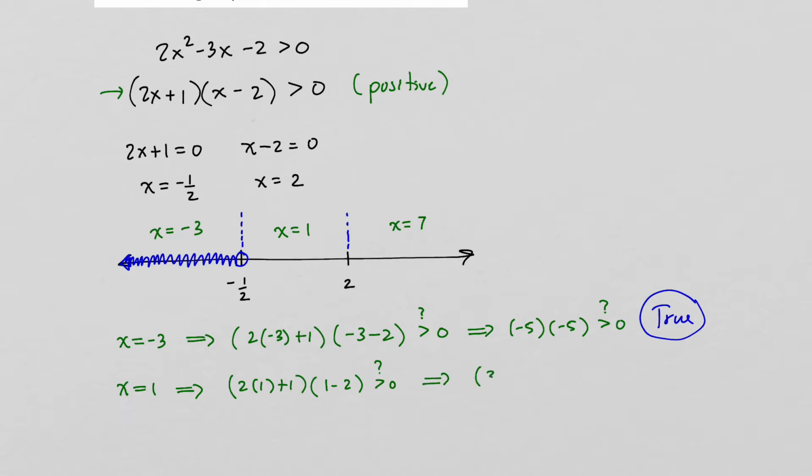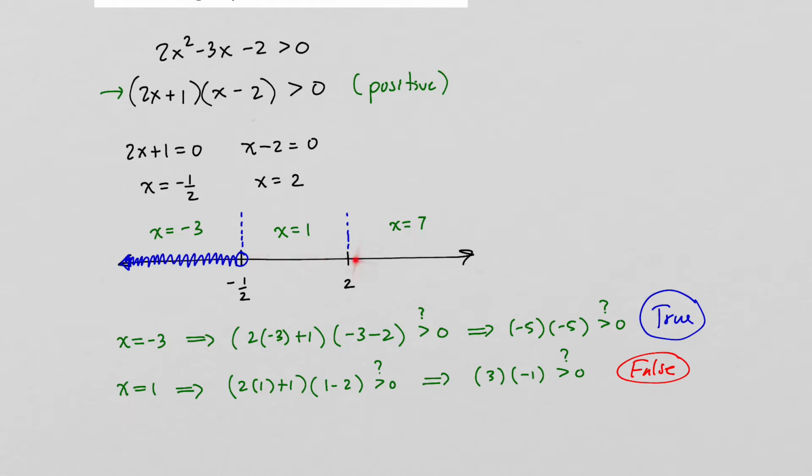Well, 2 times 1 plus 1 is 3, and 1 take away 2 is negative 1. Is this greater than 0? And the answer here is no, it is not greater than 0, so this is false. And the reason it's not greater than 0 is because 3 times negative 1 is negative 3, and negative 3 is not positive. So these numbers in between negative 1/2 and 2 do not work.